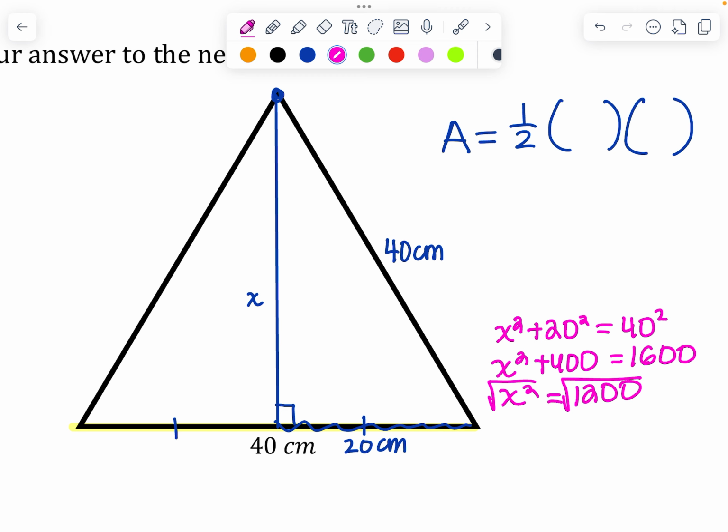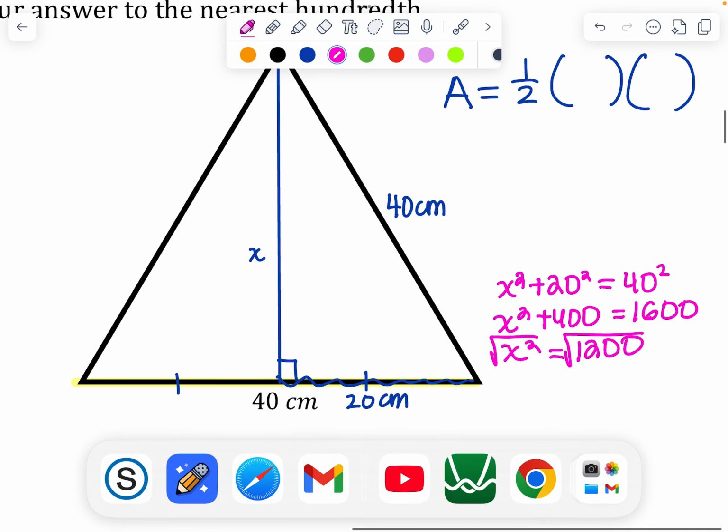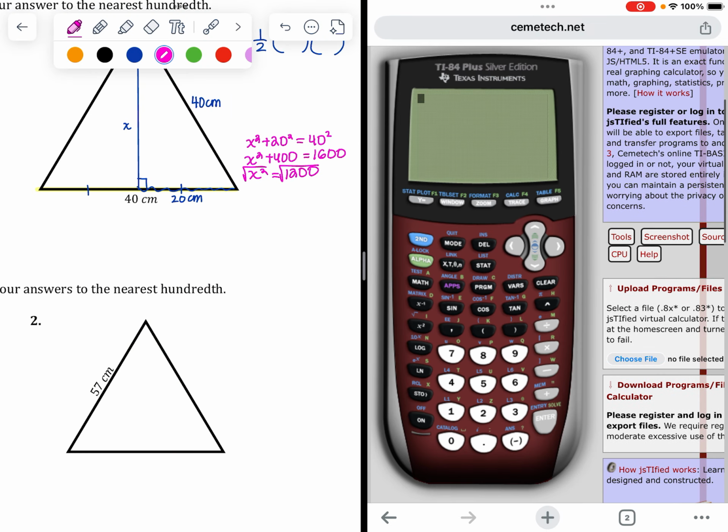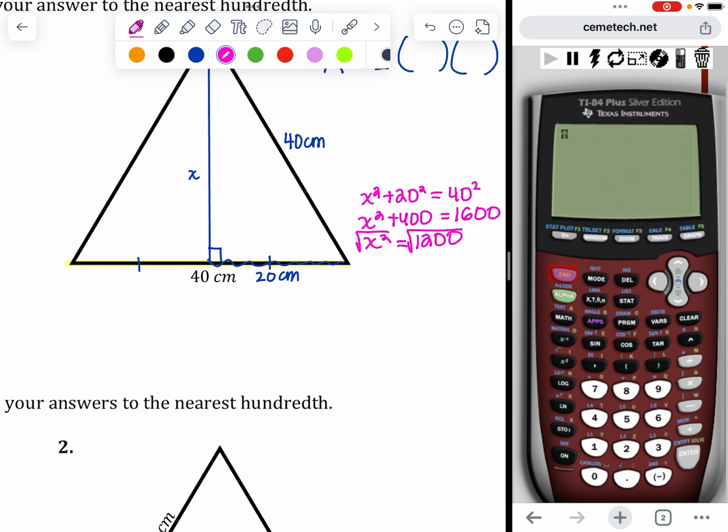So the square root of 1200 is not a perfect square. We could always double check that by putting it into our calculator, but I'll show you. Excuse me. Let me move this over. All right, so square root of 1200, and we get a decimal.